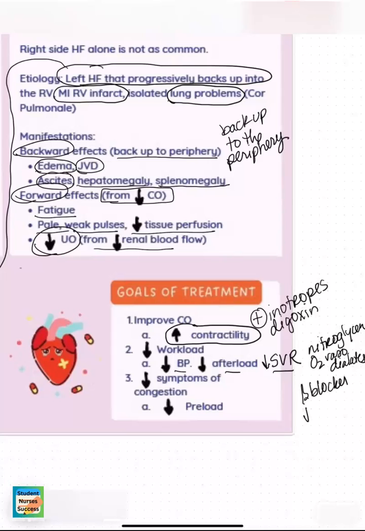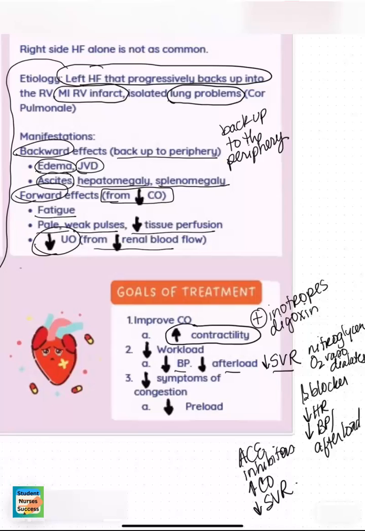Beta blockers can decrease our heart rate and they can decrease our blood pressure and afterload, making it easier for the heart to pump. We also know that ACE inhibitors may be helpful as well. ACE inhibitors can help increase cardiac output and decrease systemic vascular resistance.